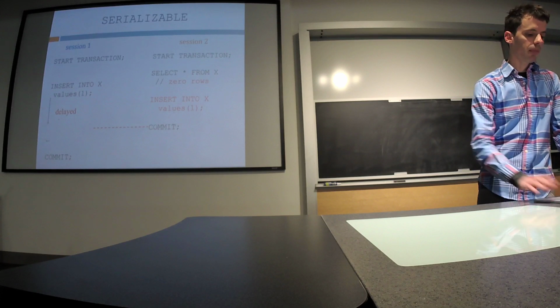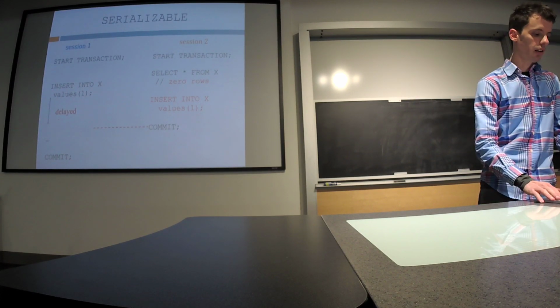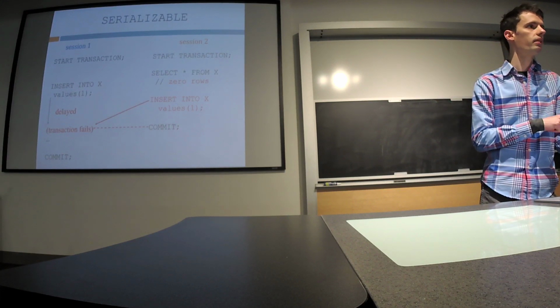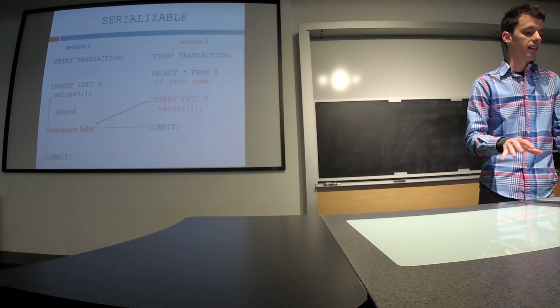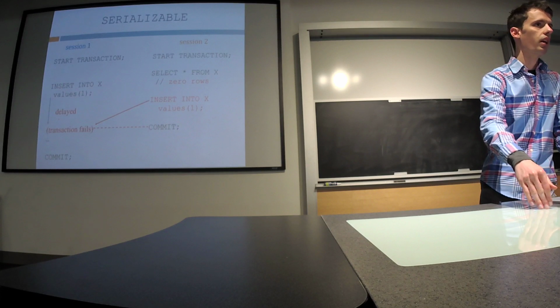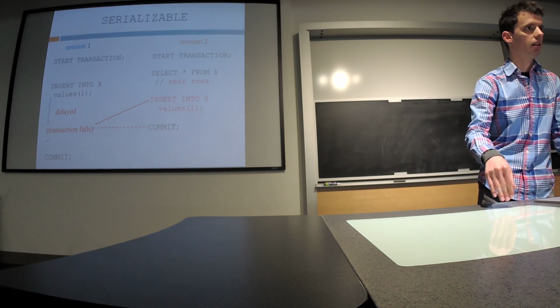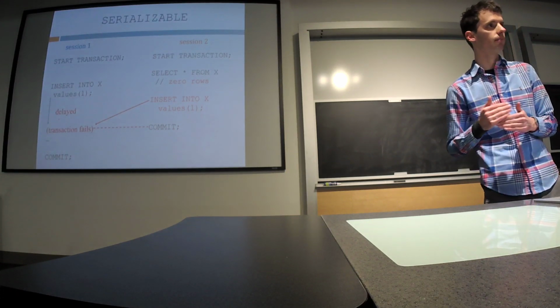Which is why, if this insert happens here, then as soon as that insert happens, the other transaction that is waiting will fail. So this is how we can actually get session 2 to read something, check some condition based on that, and do something based on the condition, and you're guaranteed nothing else has changed anything or interrupted that sequence.